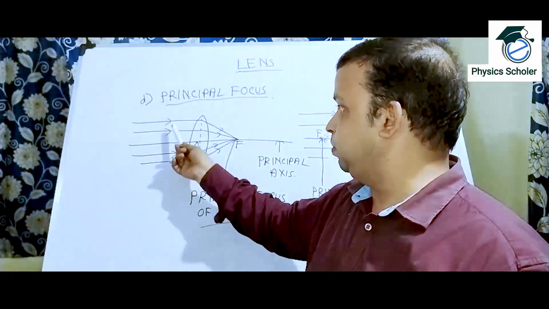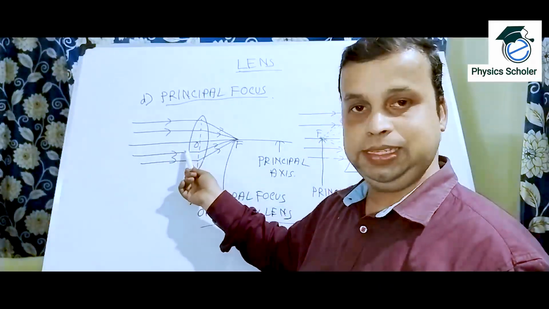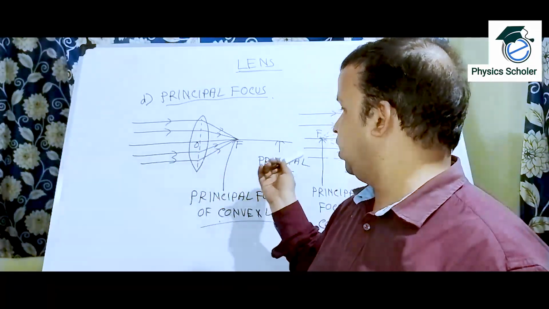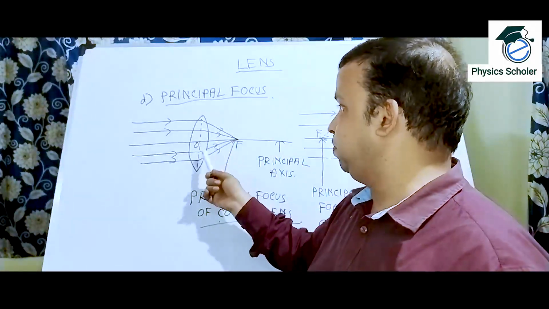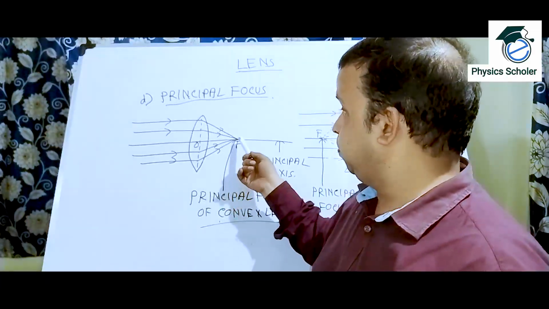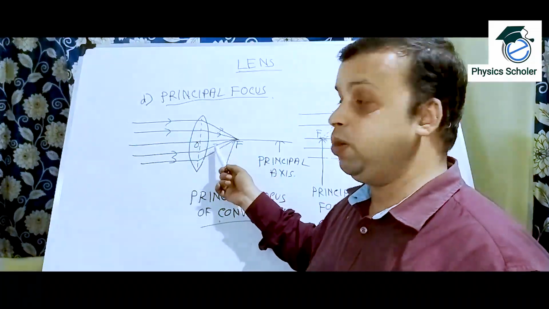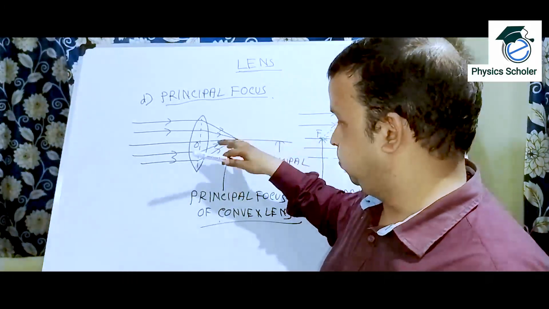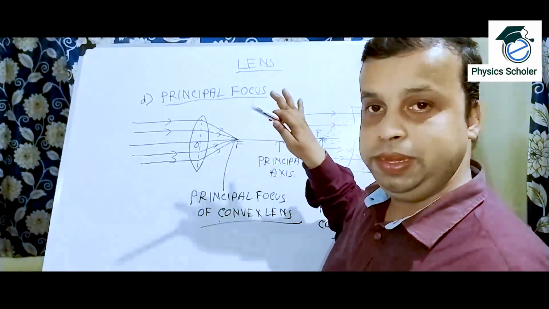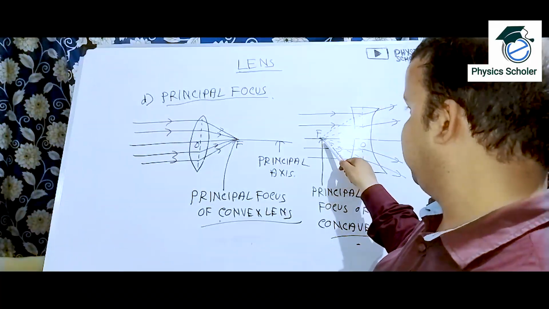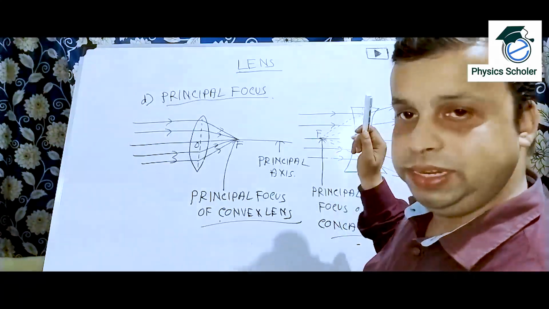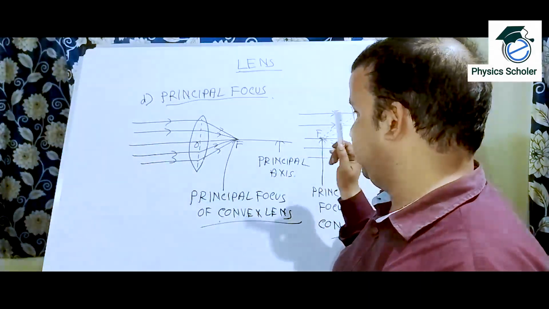I am explaining once again. If a parallel beam of light parallel to the principal axis is incident on a lens, then after refraction, the refracted rays actually meet for the convex lens, while for the concave lens they appear to meet.